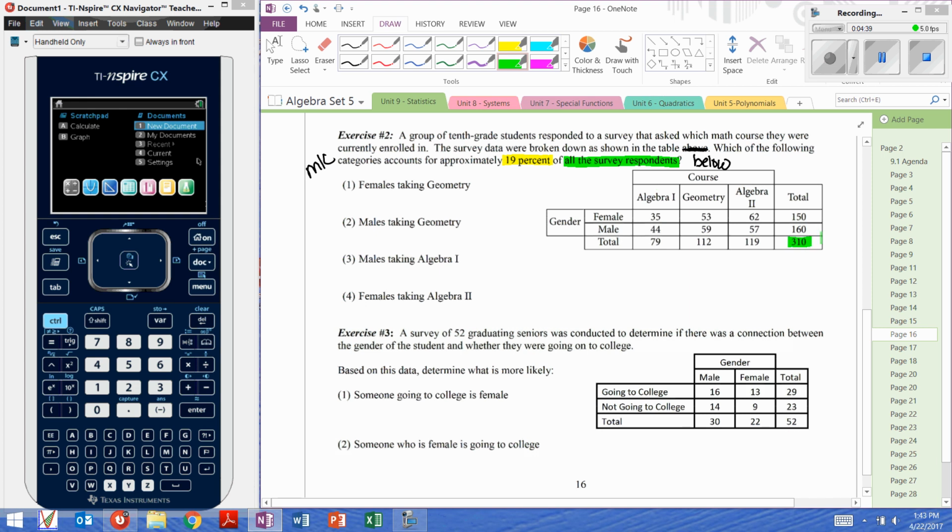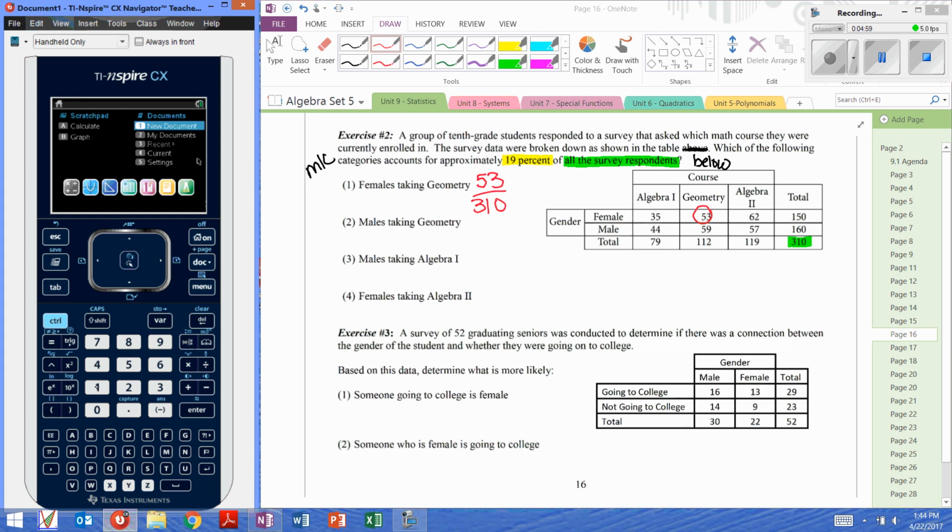That would be 310. So if I look at each one of my answer choices, we have females taking geometry. Females taking geometry, that's this spot right in here. So what we're dealing with is 53 divided by 310.